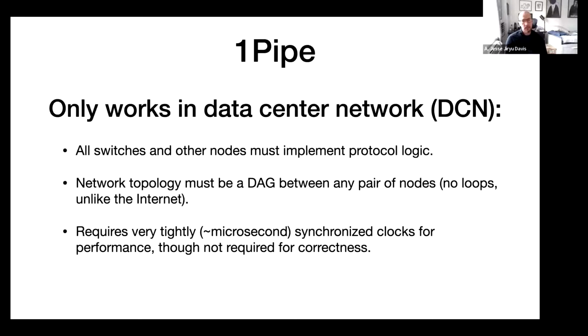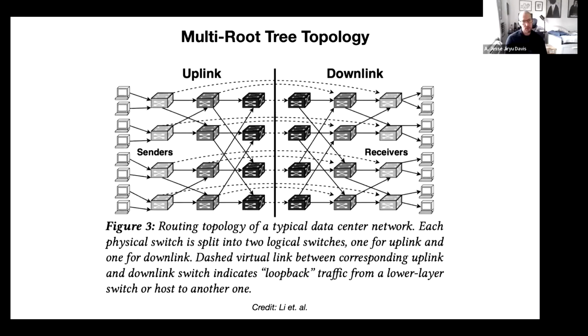So the data center network topology that they describe is called a multi-root tree topology. I found this diagram kind of confusing, but imagine that you split every node into two. So these two boxes are actually the same node.